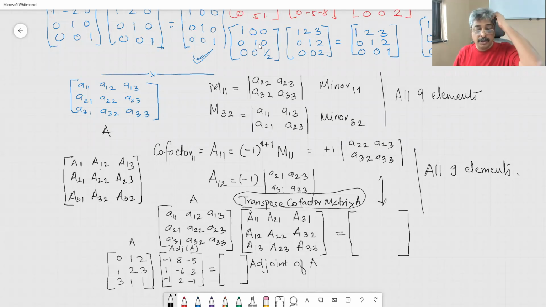Now if you multiply these two, what will you get? Minus 1, 0, 1, minus 2. What is that you get?